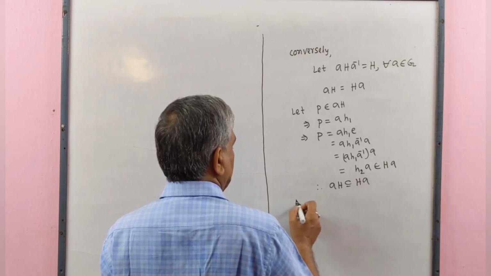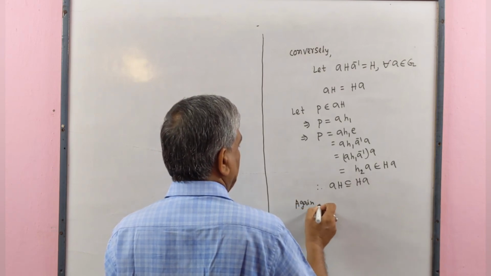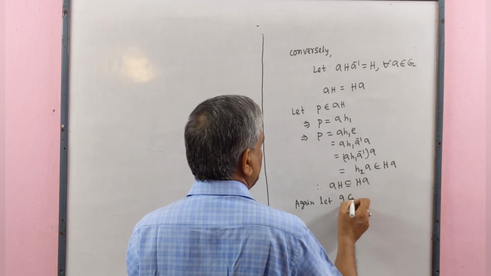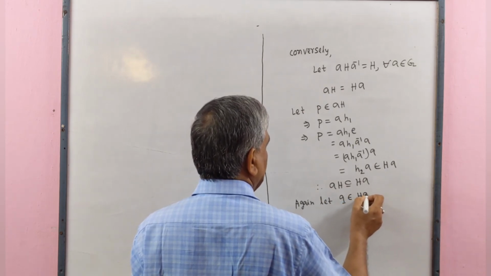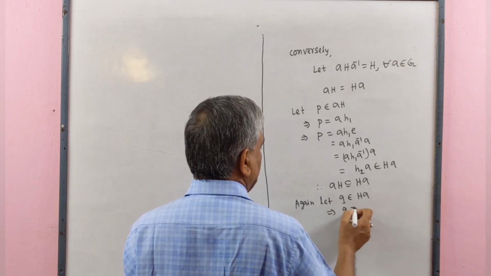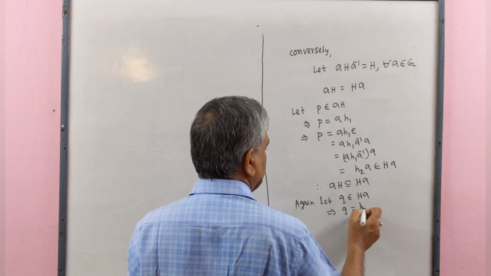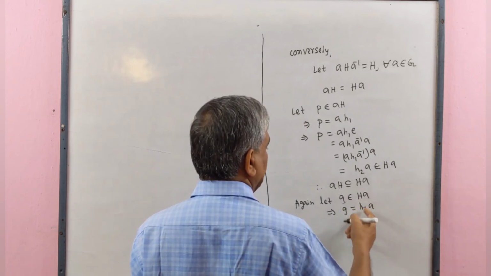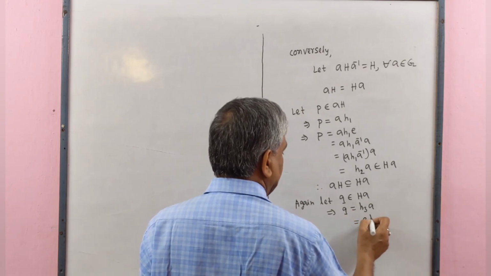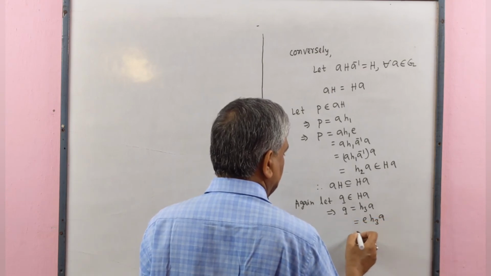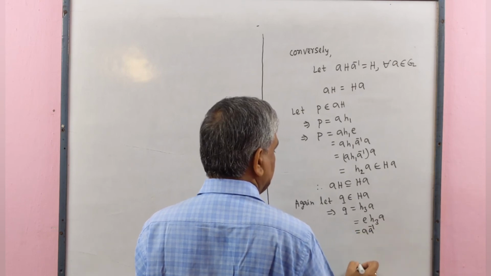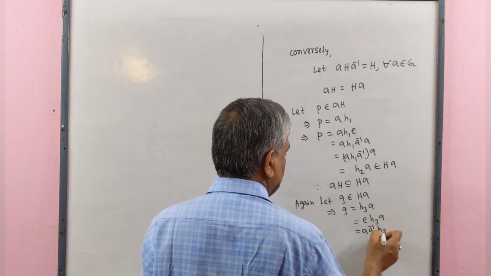Again, let Q belong to HA. This implies that Q equals H3A, where H3 belongs to capital H. We may write this with the identity element as H3A, that is, A inverse inverse H3A.